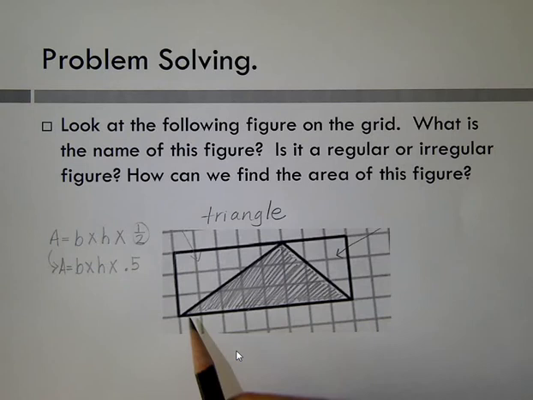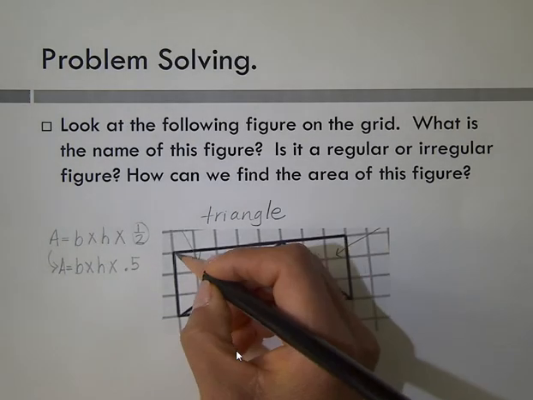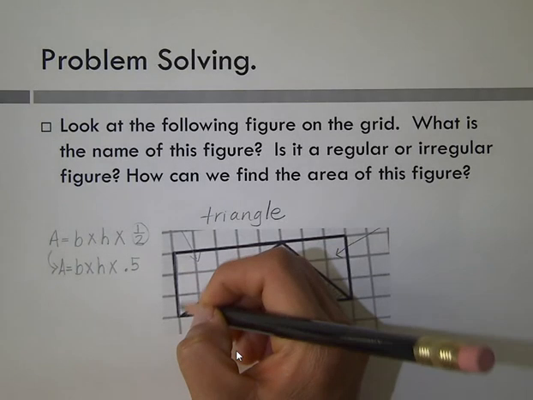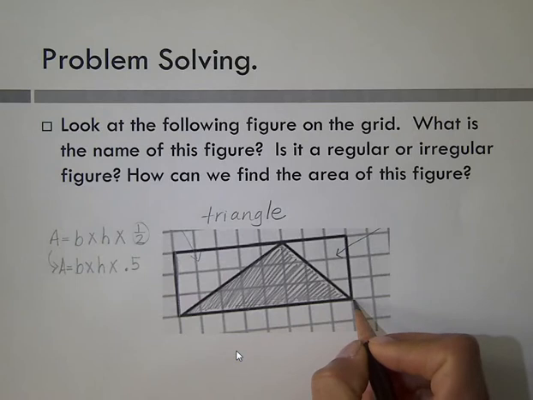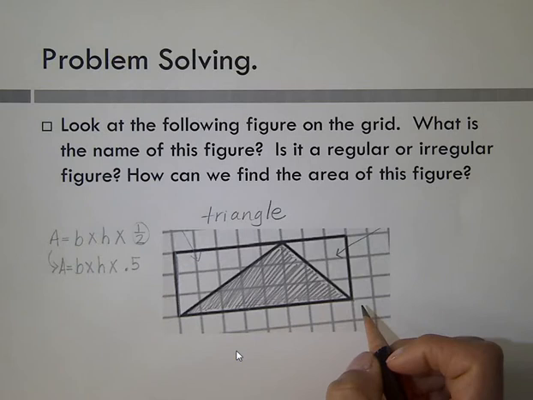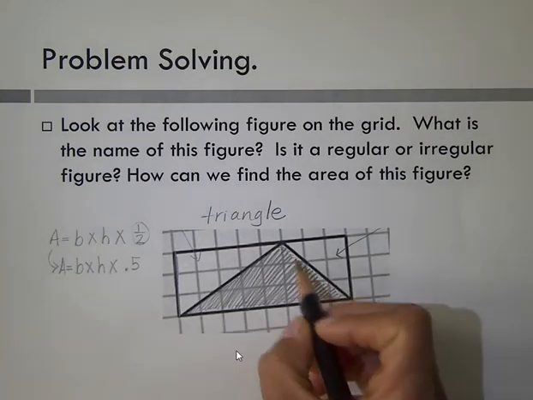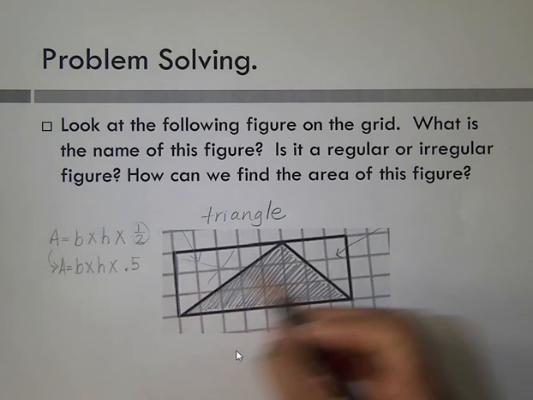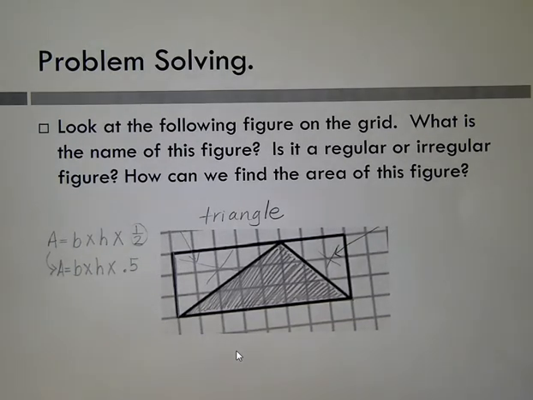So when you look at this grid, you will see that if we measure the height and the base and we divide, or multiply, by a half, we will get the area of the triangle. The other half would be the part on the outside, which we are not looking for. So let's see what that looks like.